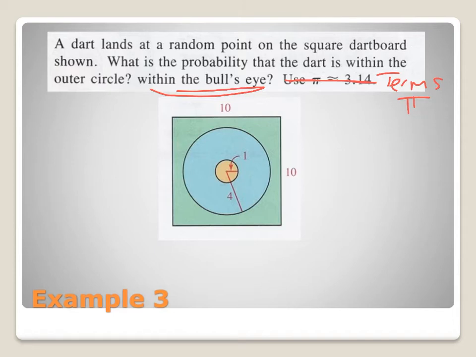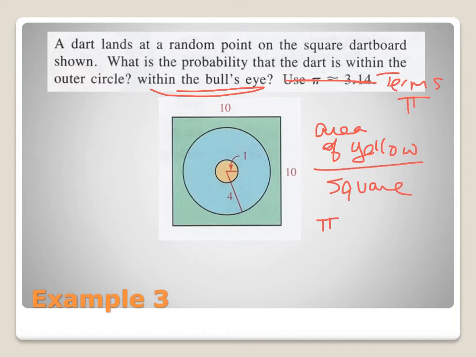So remember, we're going to do the area of the yellow circle, and then we're going to put it over the whole square. The area of the inner circle is pi r squared, and our radius is 1, so it's going to be pi over 10 times 10, which is 100.